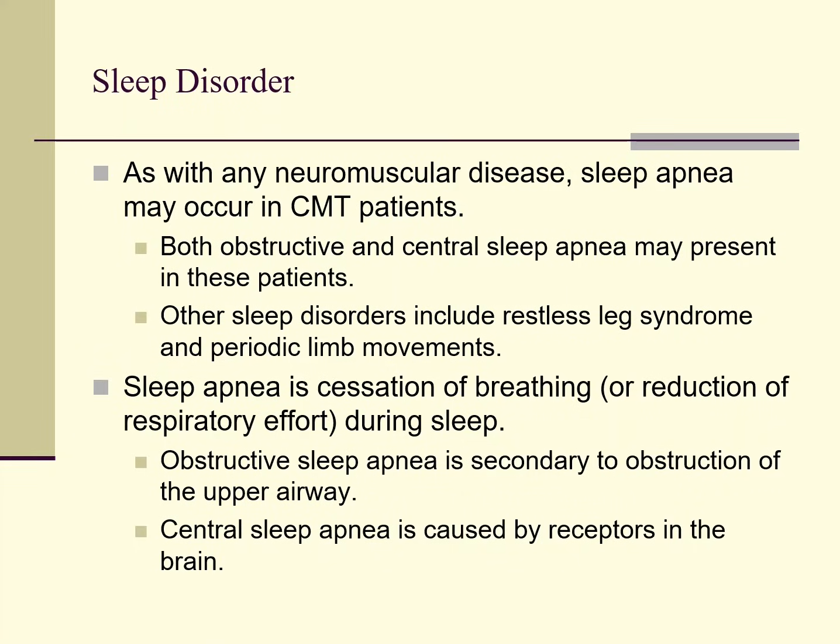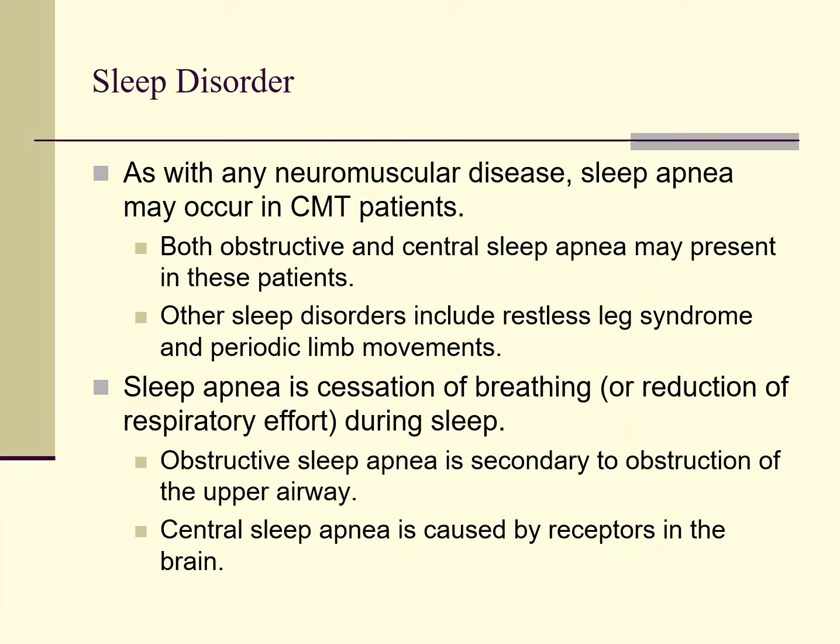Type number 1, which is obstructive sleep apnea, is basically sleep apnea secondary to obstruction of the upper airway, meaning due to muscle weakness in the neck, especially when we're sleeping, or a large tongue. This can close down your airway and decrease the amount of oxygen that your brain gets at night.